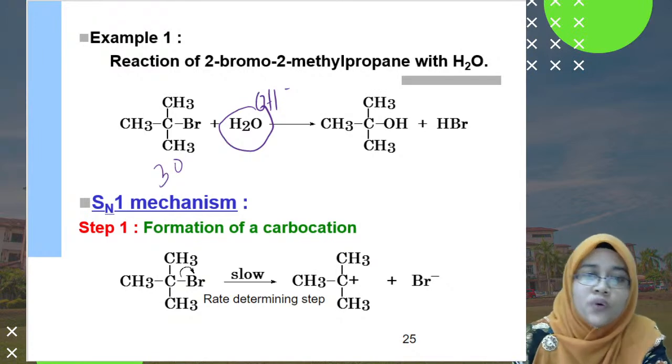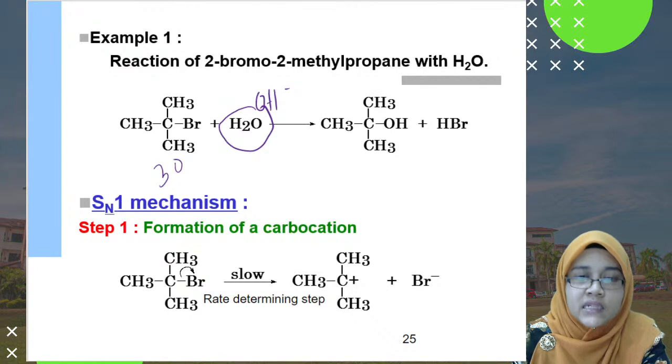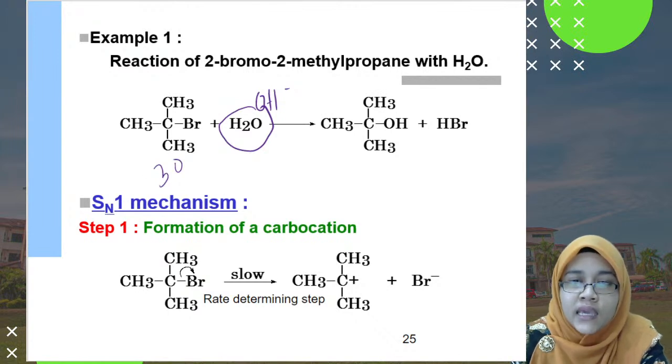What happens in SN1: the haloalkane, the carbon bearing the halogen, has a polar bond, and it starts to break slowly. You have to put slow, and you have to write rate determining step.